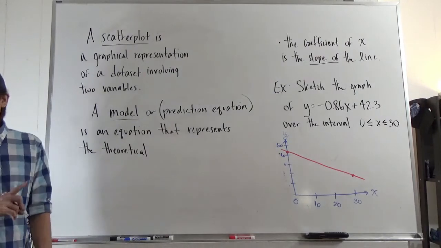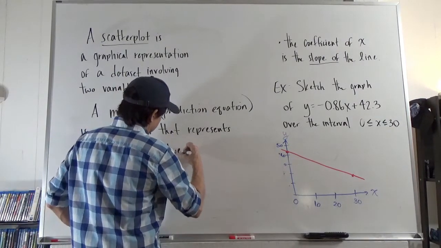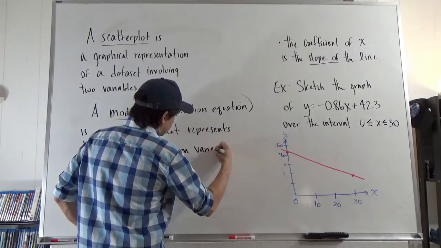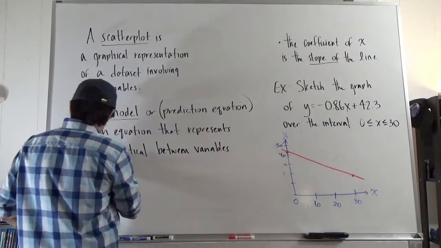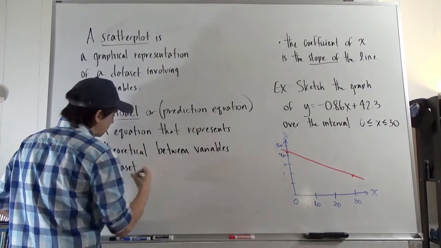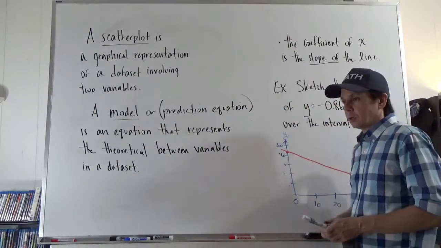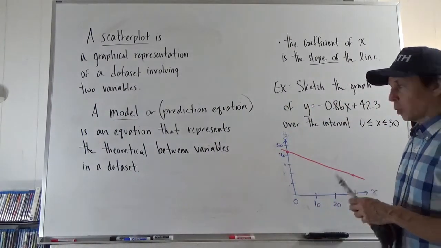So a theoretical relationship between variables in a data set. And it could involve any number of variables, but we're going to be sticking with just two, an x and a y. Okay.